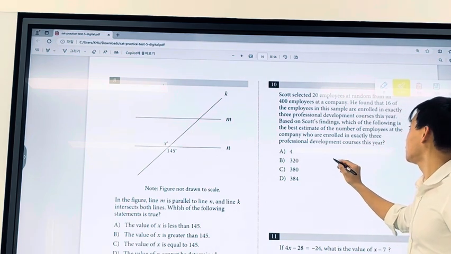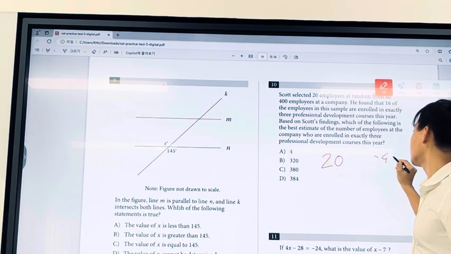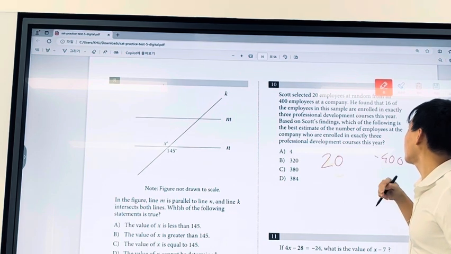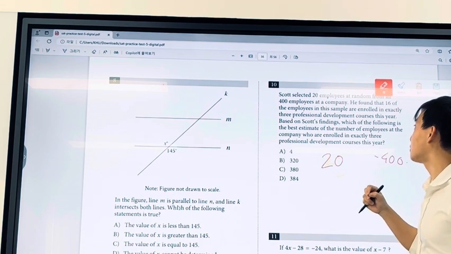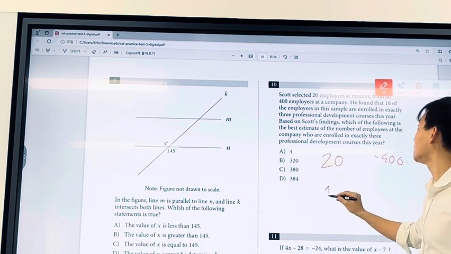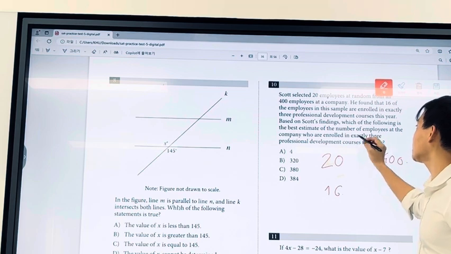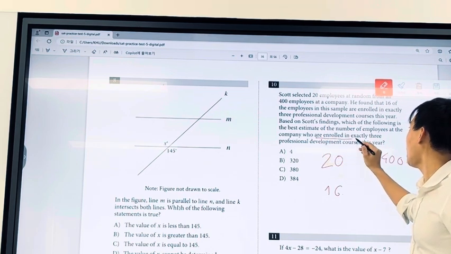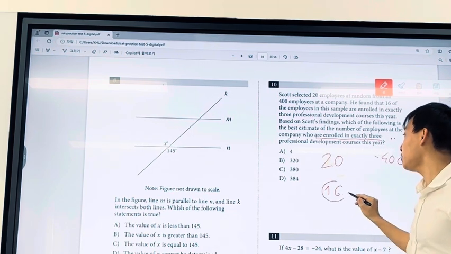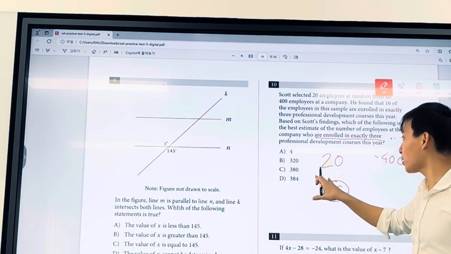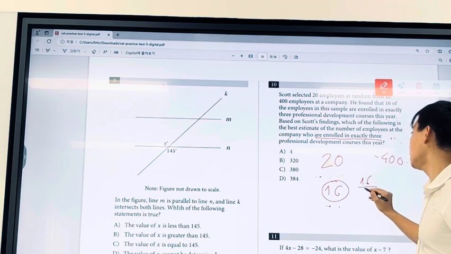So we choose 20 from 400 employees, and we found that 16 of the employees in this sample are enrolled in exactly 3 professional development courses. The question asks for the best estimate of the number of employees. So you can see that for every 20 employees selected, there are 16, so the ratio is 16 over 20.